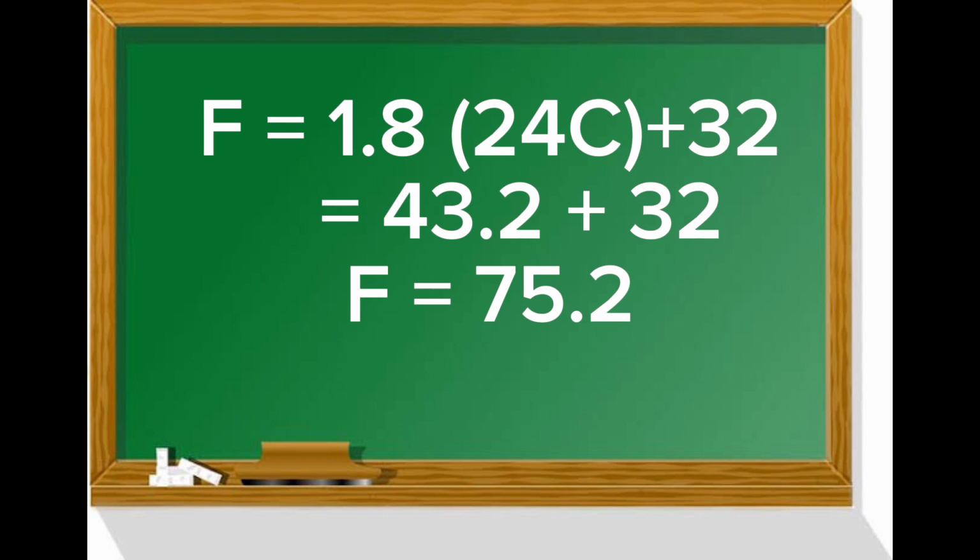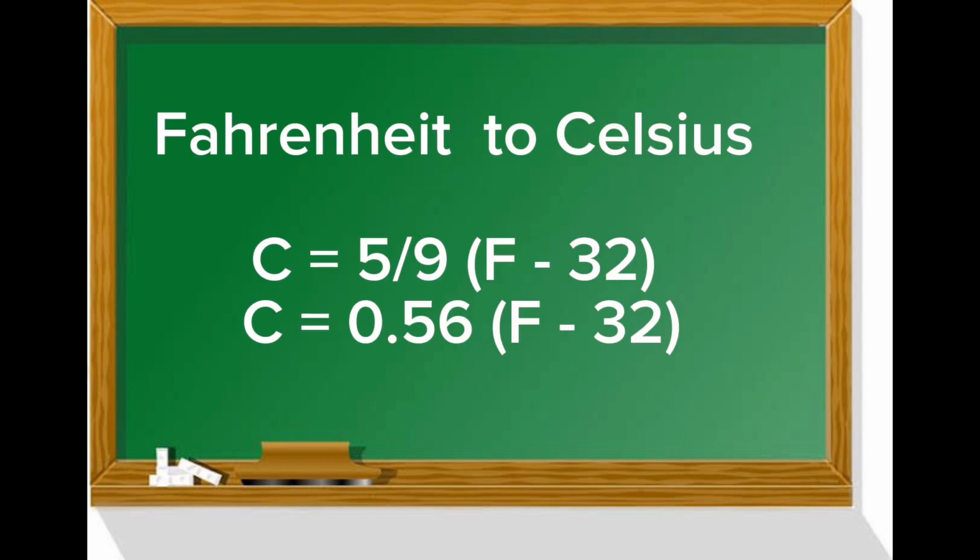Fahrenheit equals 1.8 times 24 degrees Celsius plus 32. 1.8 times 24 is 43.2, plus 32 is equal to 75.2 degrees Fahrenheit.